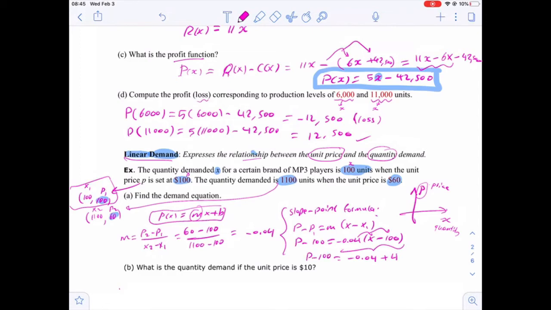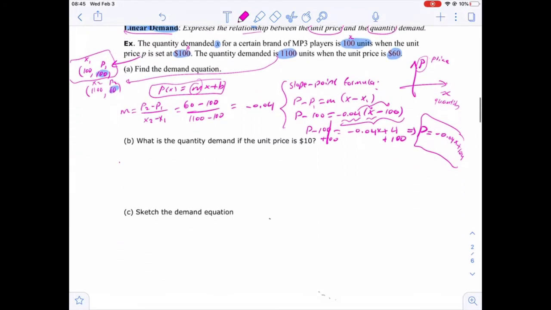We have p minus 100 on the left hand side, so in order to get rid of the 100, we add it to both sides. So p is equal to negative 0.04x plus 104. So this is the price function.